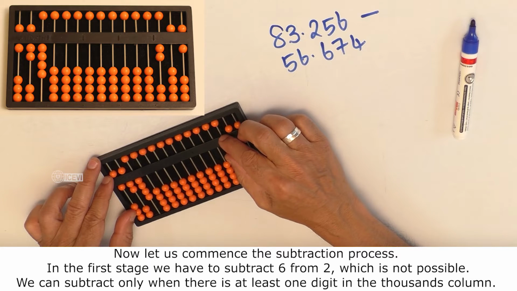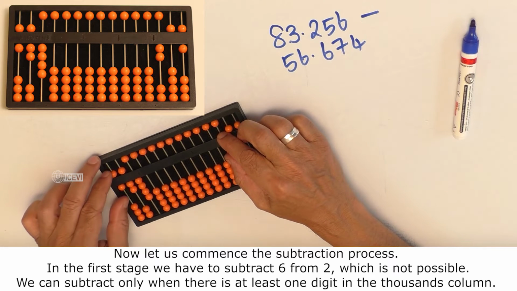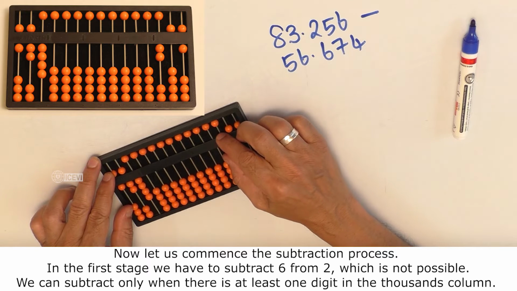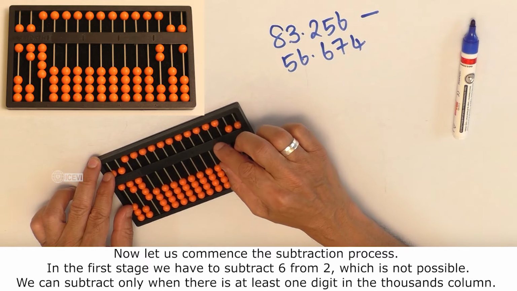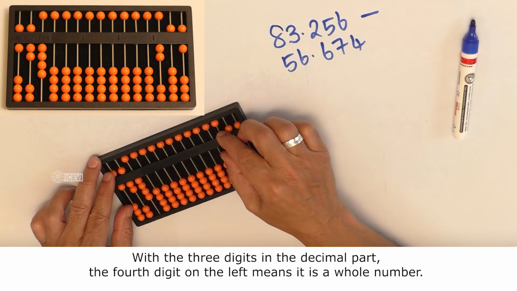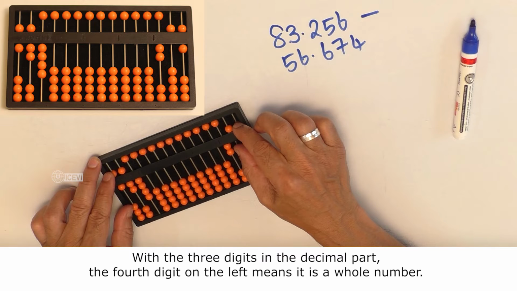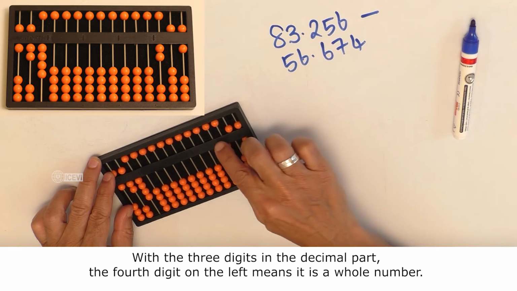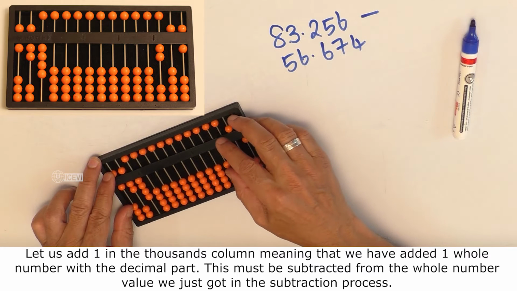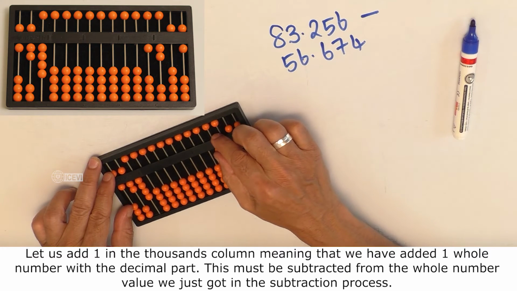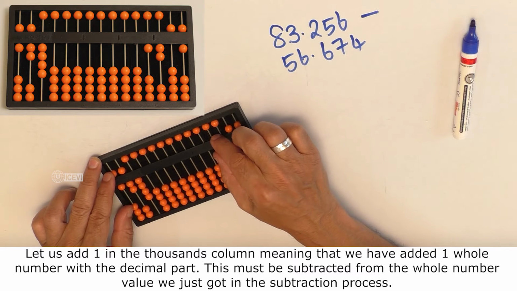In the first stage, we have to subtract 6 from 2, which is not possible. We can subtract only when there is at least one digit in the thousands column. With 3 digits in the decimal part, the fourth digit on the left means it is a whole number. Let us add 1 in the thousands column, meaning that we have added one whole number with the decimal part.